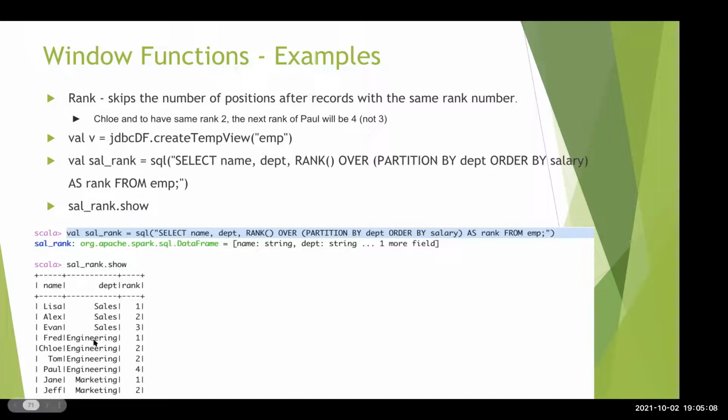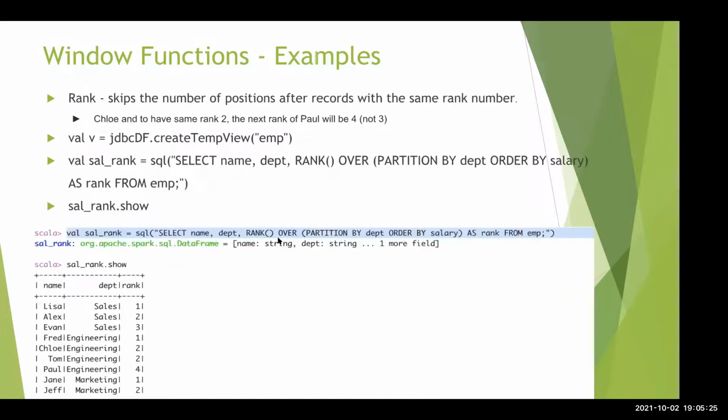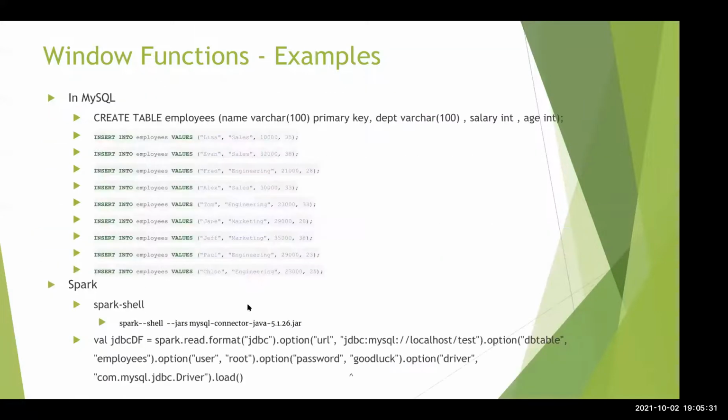Same is the case with engineering: 1, 2. Now there's a difference. You see Chloe and Tom. If you go to engineering and check, Chloe has 23,000, and Tom also has 23,000. Both belong to the same department and both have the same salary, so in this case both are given the same rank. Now Paul is the last one, with the maximum salary, I think.